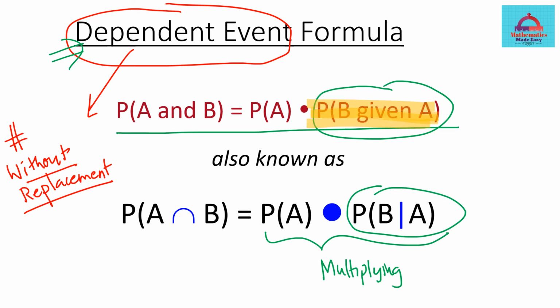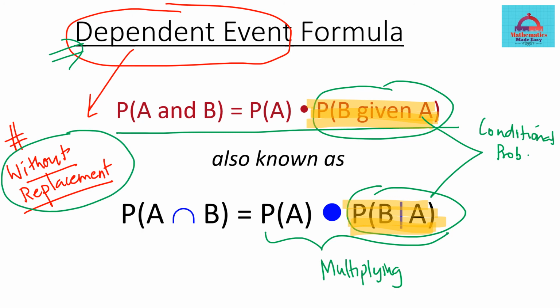So this part, probability B given A or probability B over A, is called conditional probability. You will see that in the next session, but I will just give you the name here. In simple words, when you have the without replacement case and you have dependent events, to find the probability for the second event, which is getting affected by the presence of the first event, this is the probability of event B given event A has already occurred.